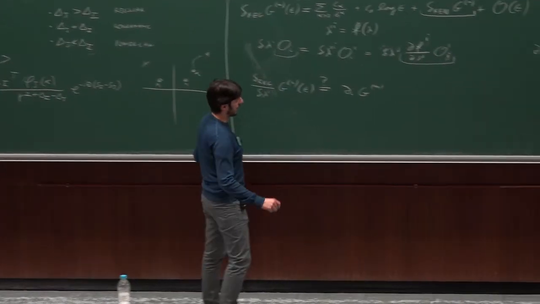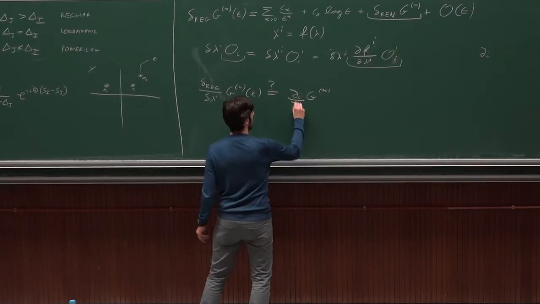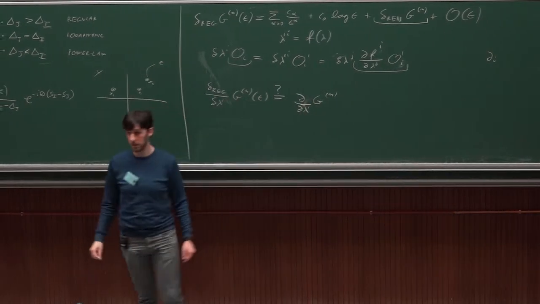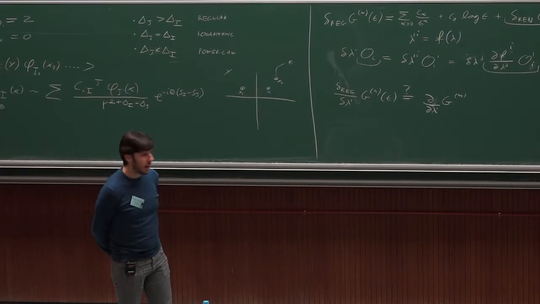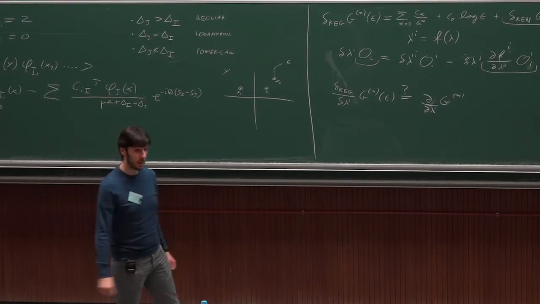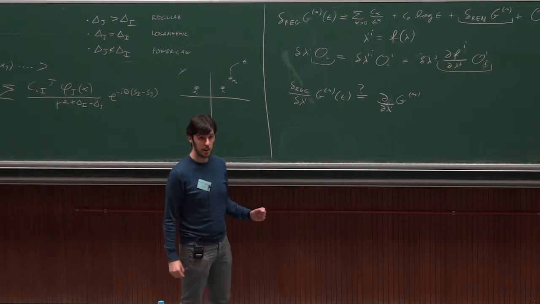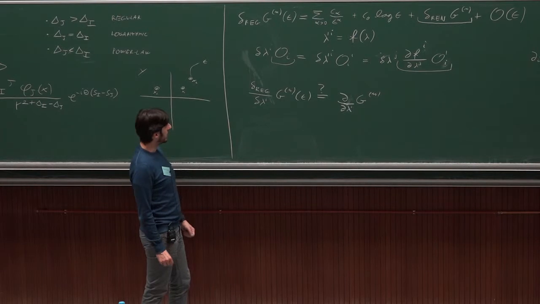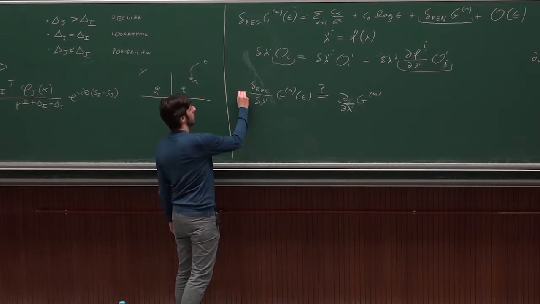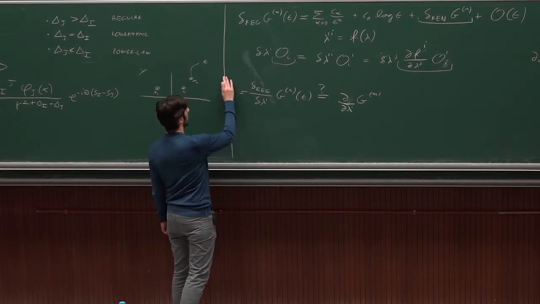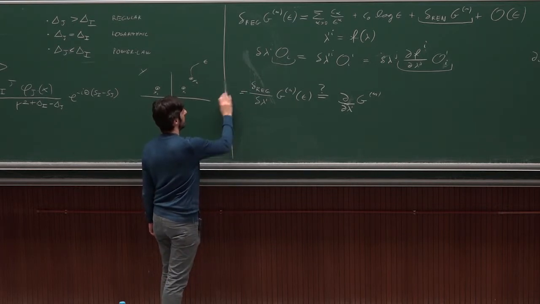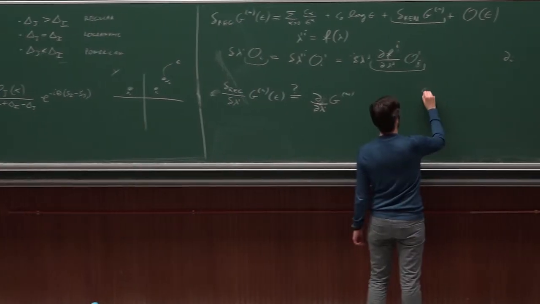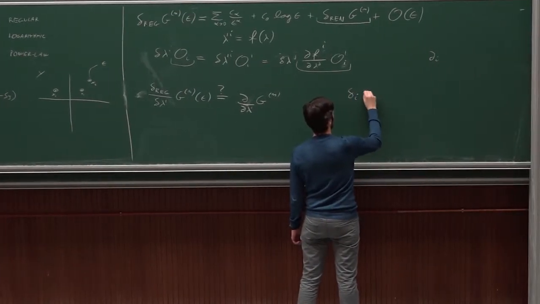Maybe it's clearer if I write this explicitly: the partial derivative with respect to the parameter lambda i. And we will soon see that this is not correct. This interpretation cannot possibly be correct. And why is that? First of all, let me simplify notation a bit and define this symbol here.